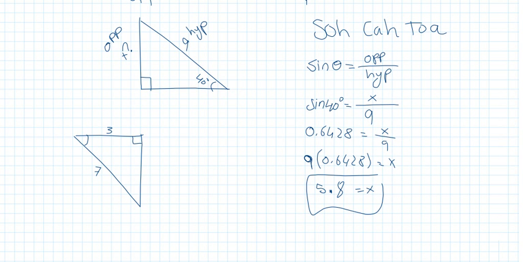So what do we do here? We're looking to find the angle, which is this. What's the first thing I do? Label your triangle. All right, label the triangle for me.